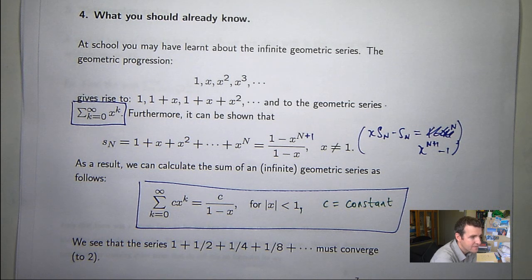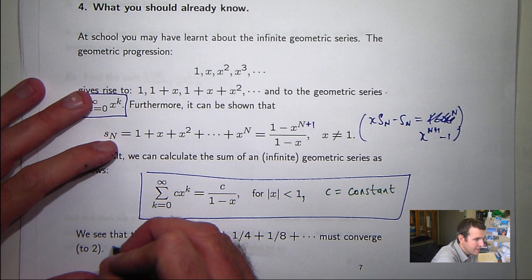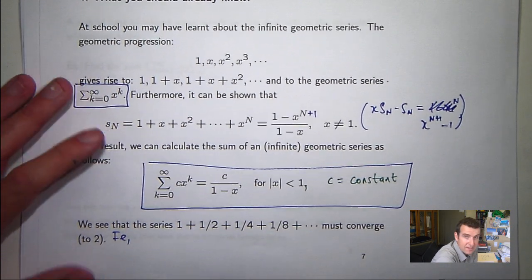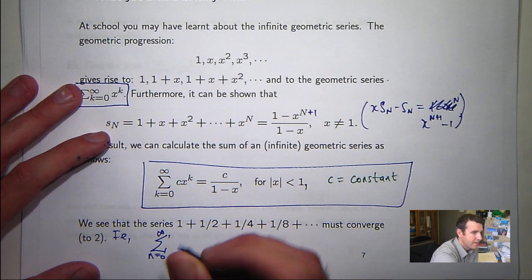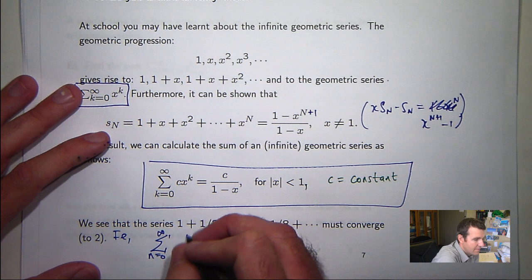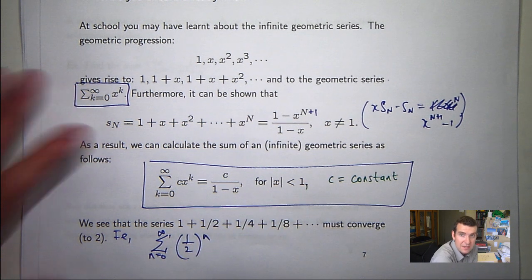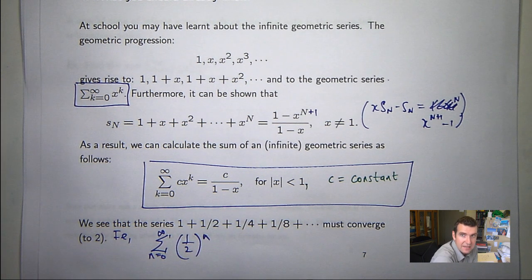So if I put any x value into this series, then the sum will be c on 1 minus x, where c is a constant. Like I said, that can be formulated from the working above. Now, this is a really, really important fact that you'll come across numerous times in university mathematics. So it's important that you are able to state that off the top of your head.